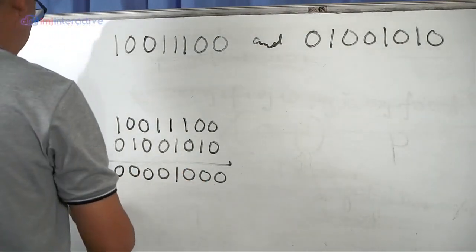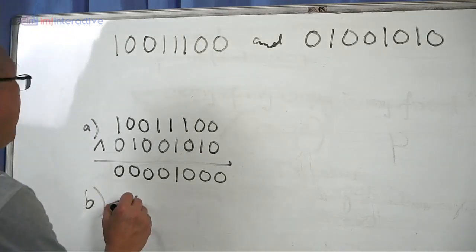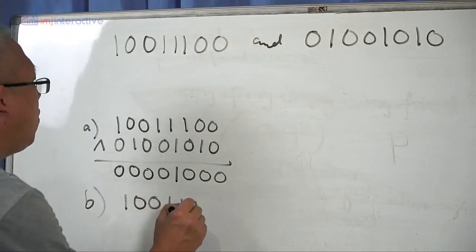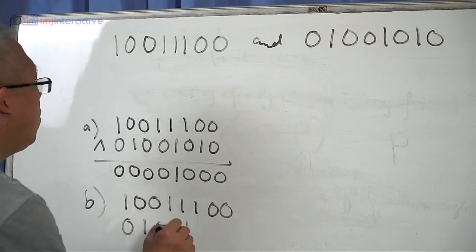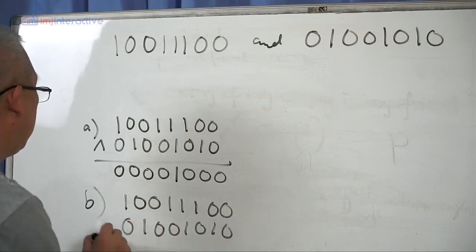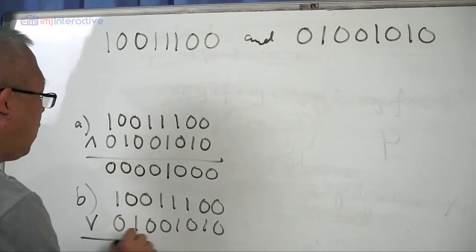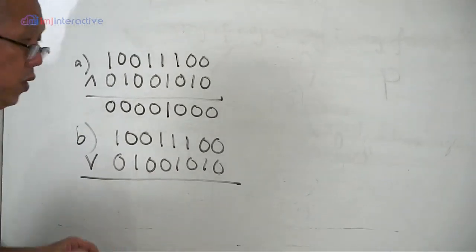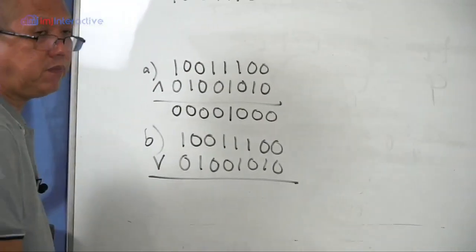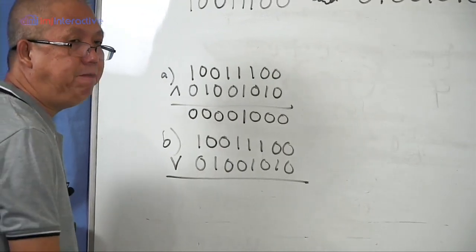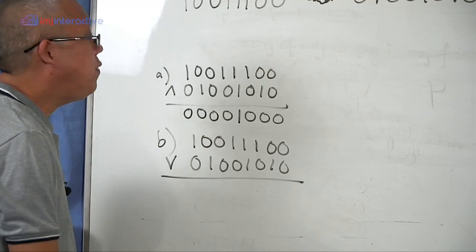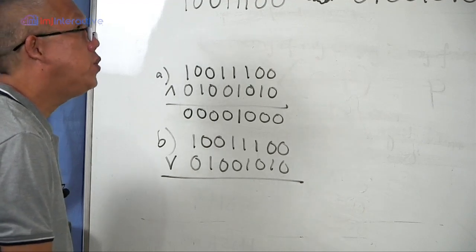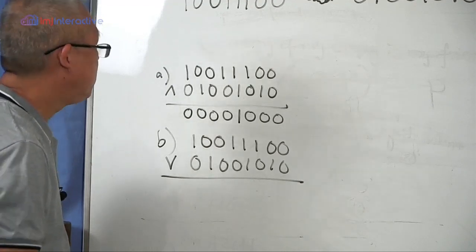Letter B, inclusive OR. It will be like this: 1, 0, 0, 1, 1, 1, 0, 0, 0, 1, 0, 0, 1, 0, 1, 0. According to the inclusive OR table of values, it will only be false if both are false.